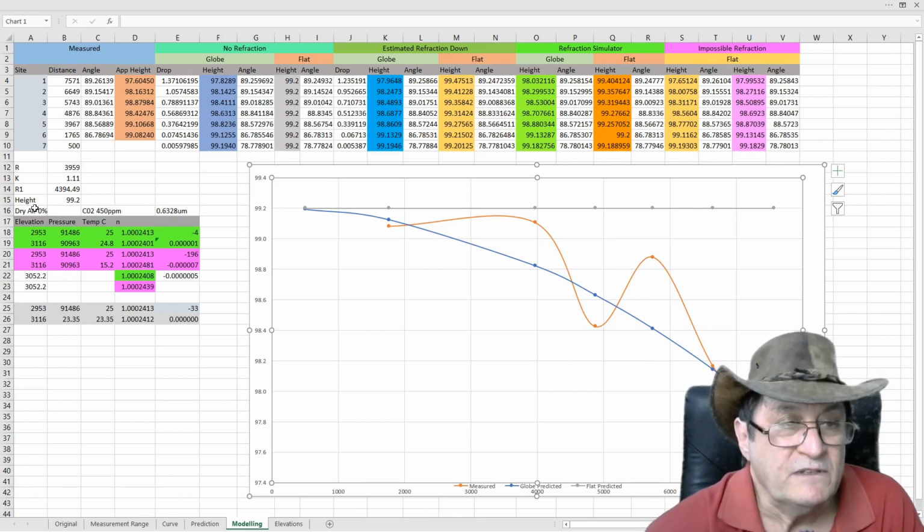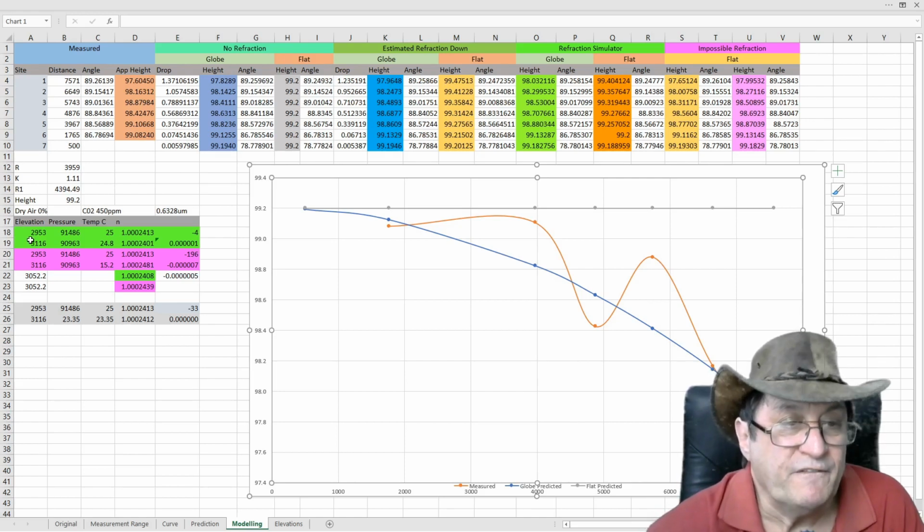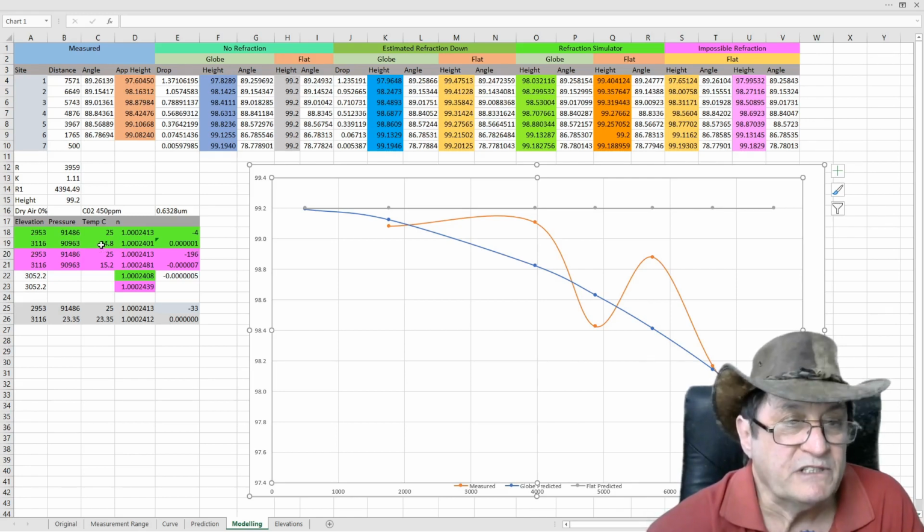1.0002413. Now I've used this as dry air, CO2 450 parts per million, and this wavelength of light. And then I've gone 50 meters in the air, which is about 160 feet, 3116.90963. Pressure, temperature just dropped by 0.2 of a degree, and that gives a slightly lower index of refraction, 1.0002401.